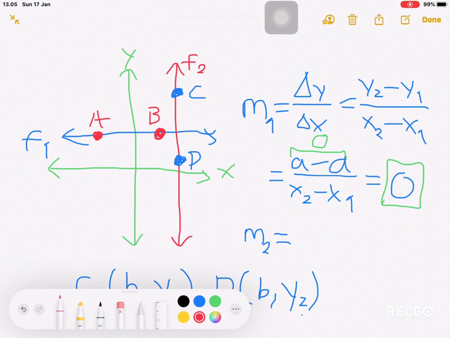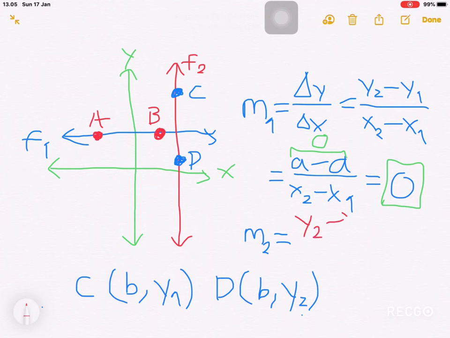Just plugging into the formula, we have y2 minus y1 over x2 is b, x1 is b, and notice the denominator is 0. I'll just rewrite this on the side right here.